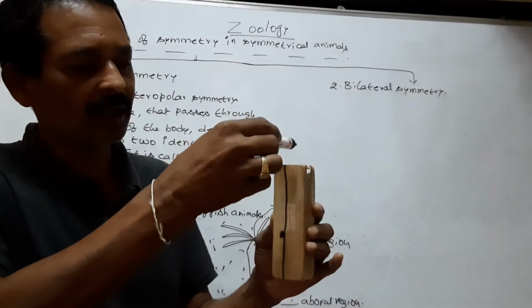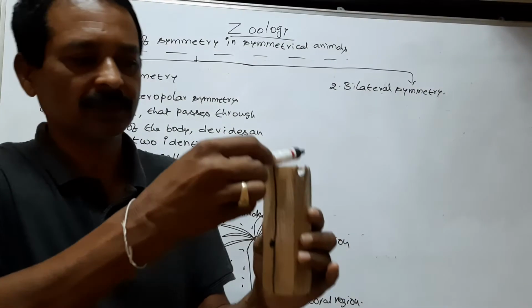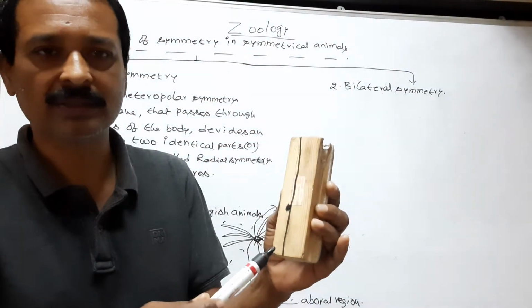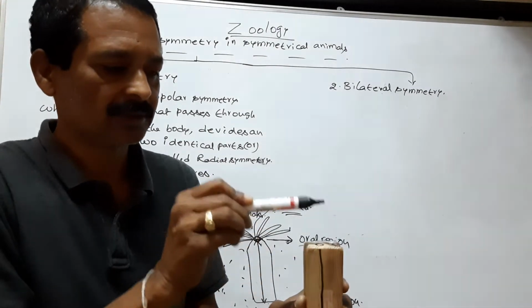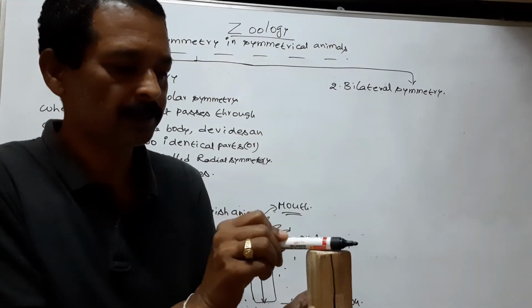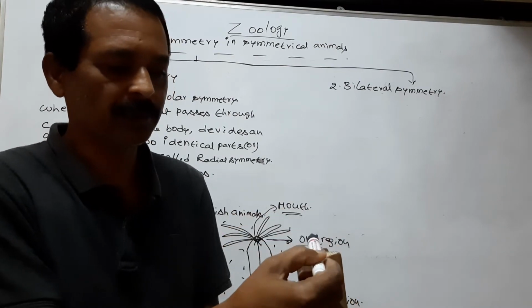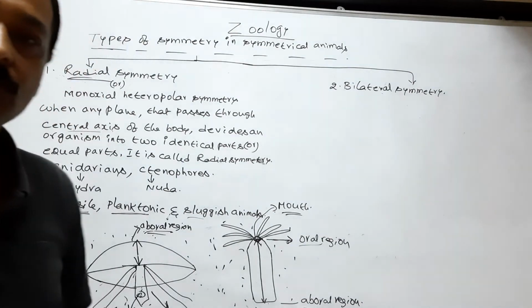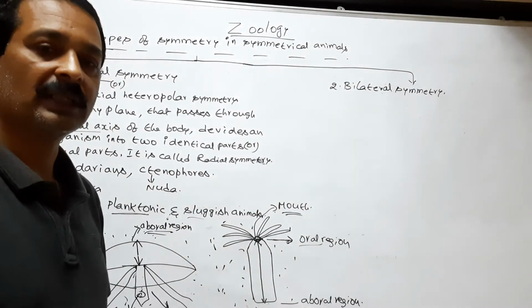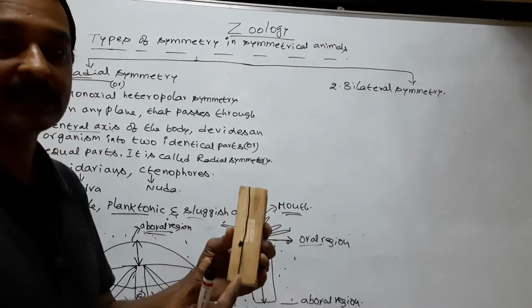This animal can be cut in any plane, in this plane, and this plane, into two equal parts. So we can cut the animal into two equal parts in any plane that passes through the central axis of the body.